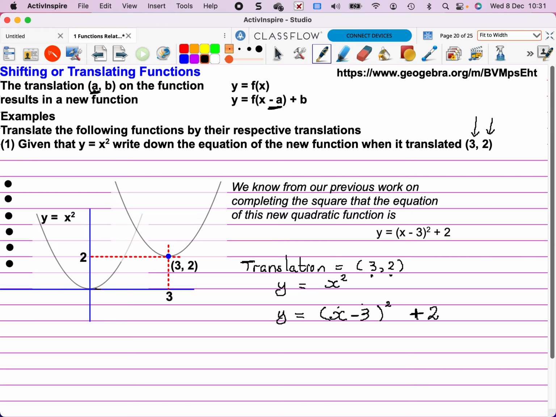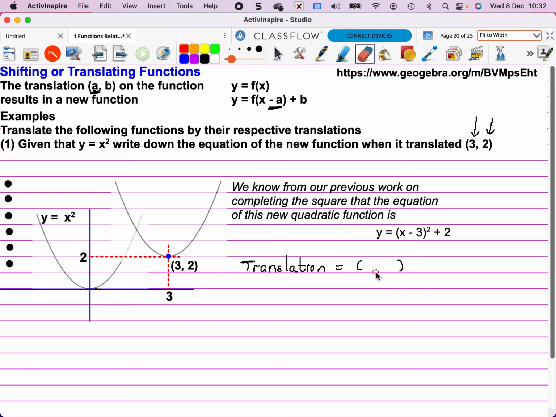Let's look at another function. You can pause the video, you can copy that down. Let's look at a different translation, a different function, and apply the formula again and see how we go.